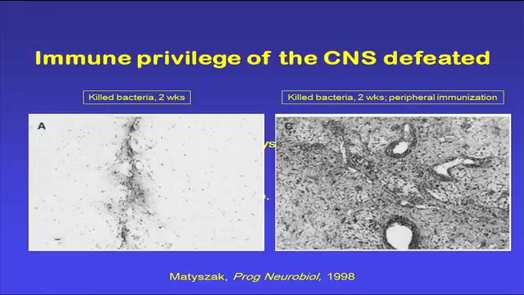First of all, you can see a large activation of the inflammatory cells of the brain parenchyma. And then if you look closely, you can see that the vessels in the tissue are, all of them, completely surrounded by inflammatory cells, probably in the process of entering the tissue. So we definitely can get around the immune privilege of the brain by immunizing peripherally.